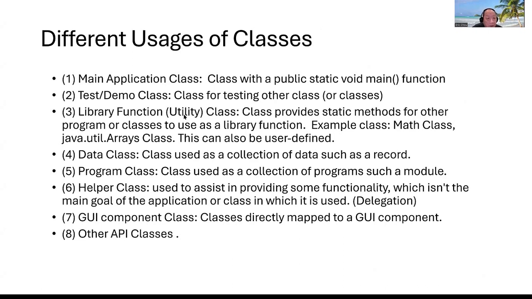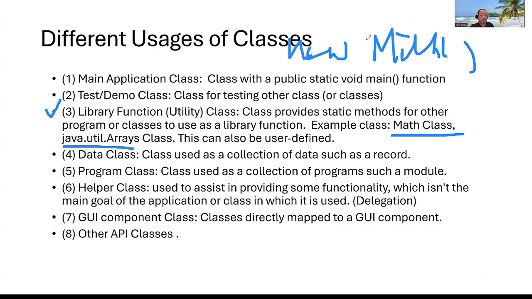And there may be library classes with utility functions you can use, just like the math class and java.util. These are functions that people write for you to solve problems. Usually you don't do new Math, that actually is wrong. Math cannot be created as an object. It's a class just providing service.